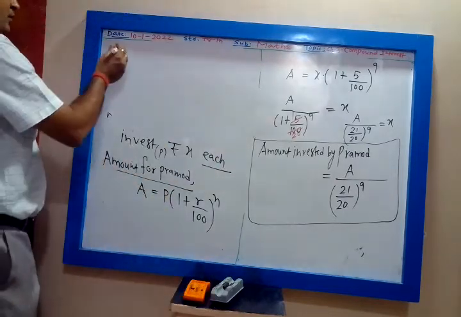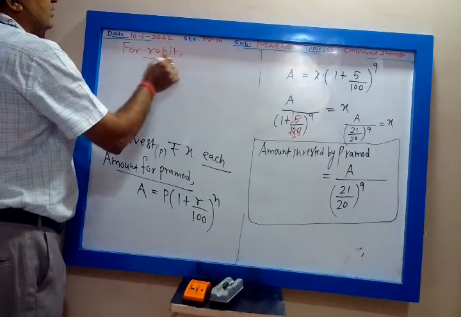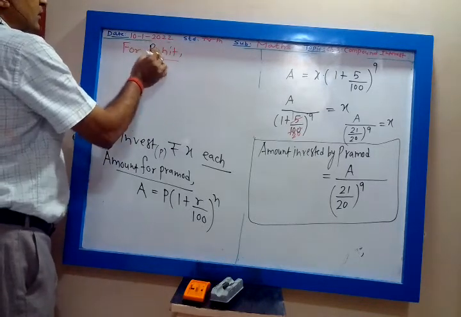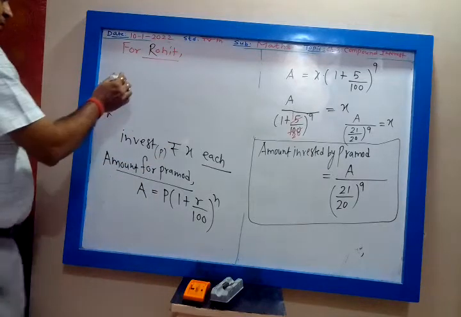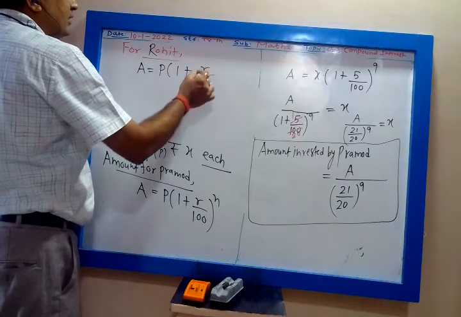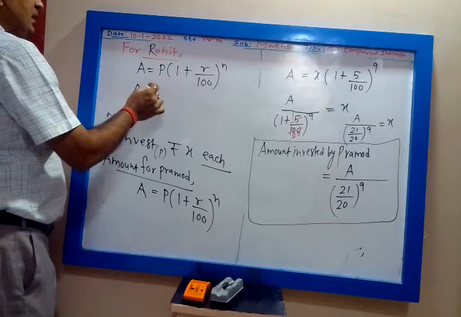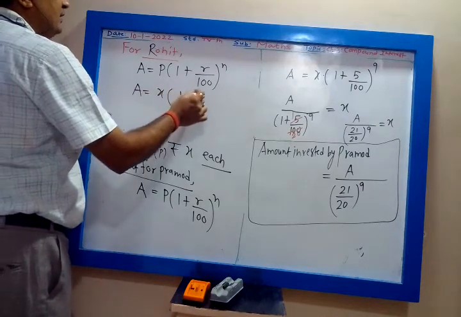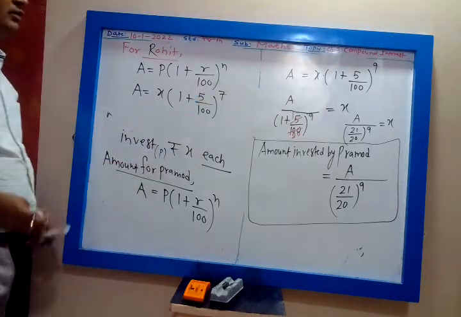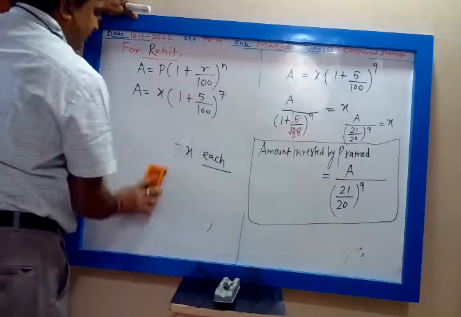So for Rohit, the amount A is equal to P into (1 plus R upon 100) raised to N. Amount A remains the same, P is X, the same amount they invest, with 5 upon 100 raised to N, and N is 7 because Rohit has invested for 7 years.